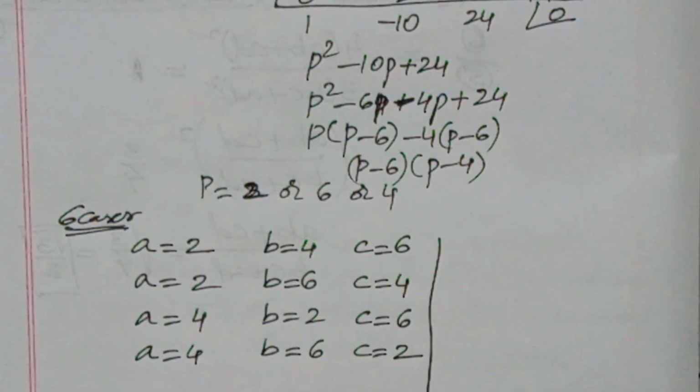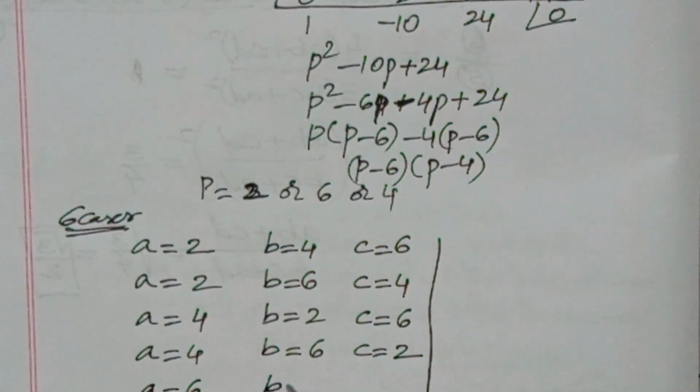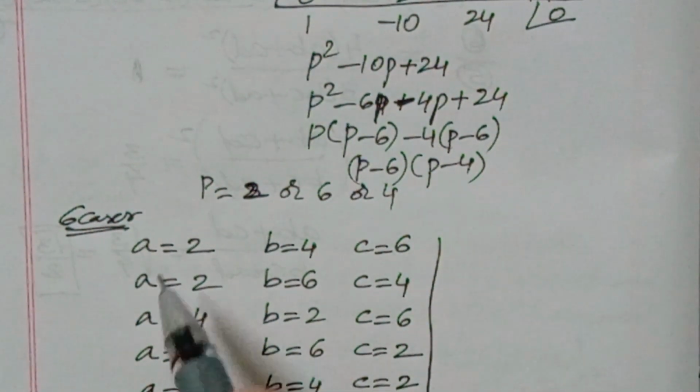Next, a is equal to 6, b is equal to 4, c is equal to 2. a is equal to 6, b is equal to 2, c is equal to 4.